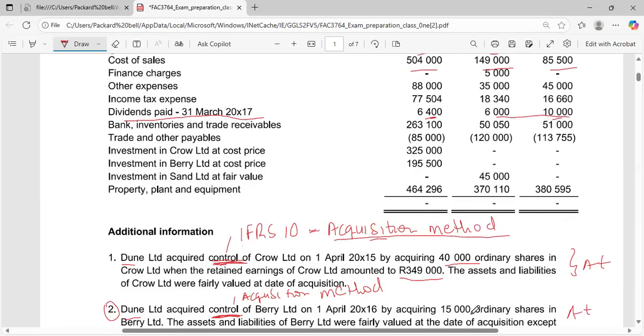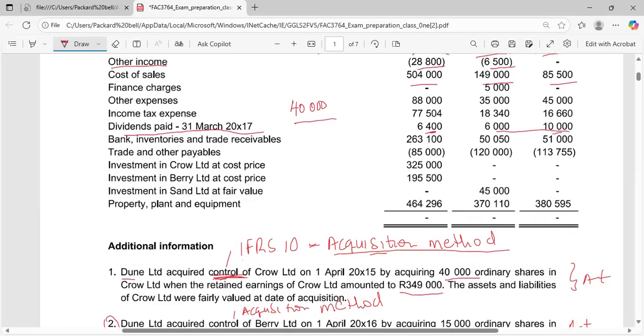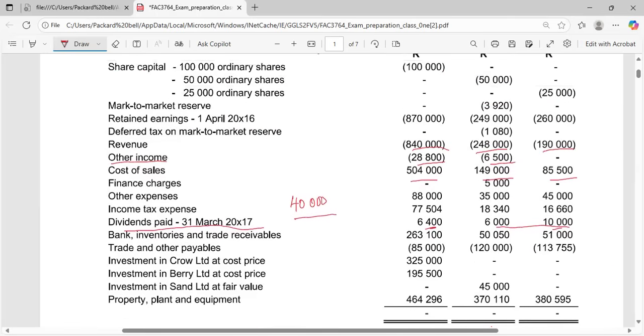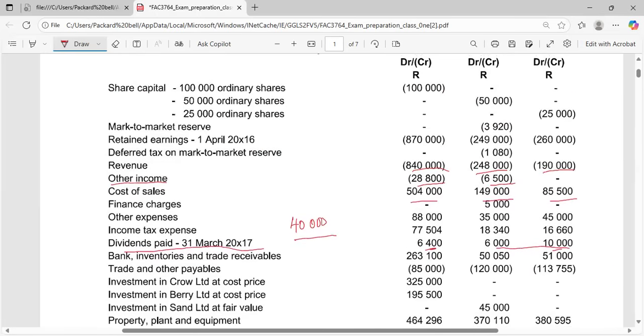Then here they acquired 15,000. So you just come here and say 40,000 over 50,000 times 100.